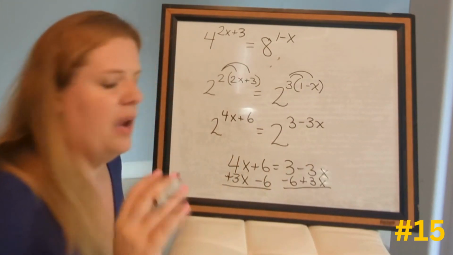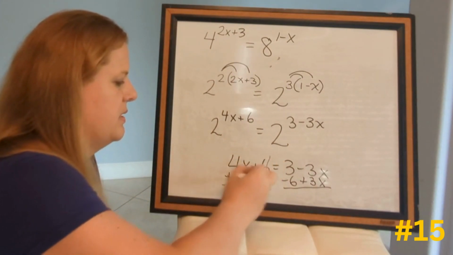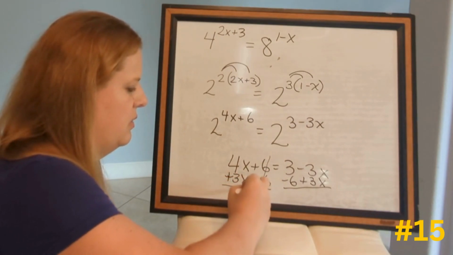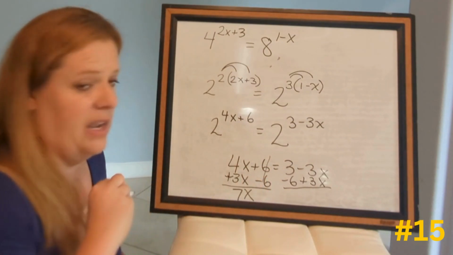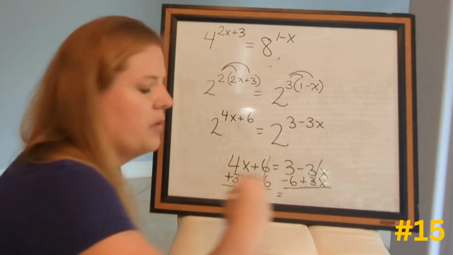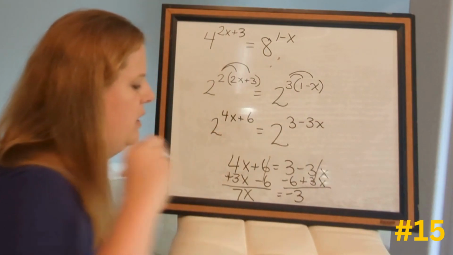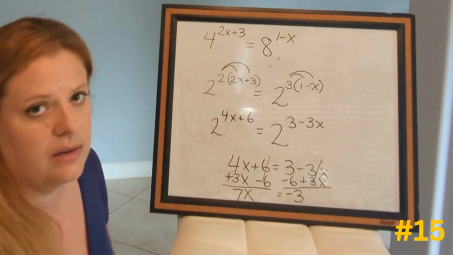You might want to do that one step at a time. I understand. Essentially, our 6's cancel. We are left with 7 x's over on the left. Our 3x's cancel. So we are left with negative 3 on the right-hand side.